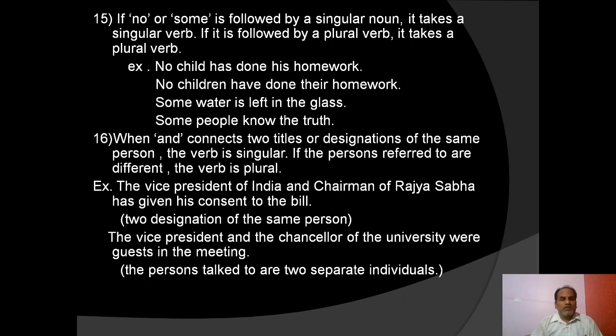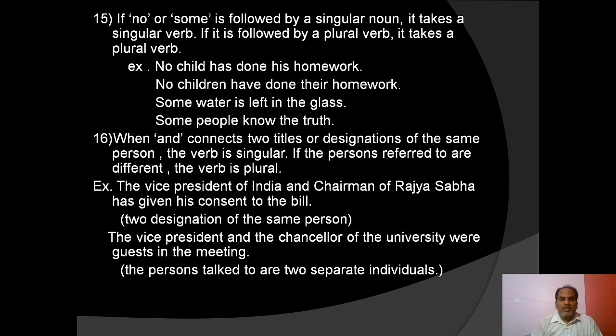Then let us discuss another important thing. When "and" connects two titles or designations of the same person, the verb is singular. If the persons refer to different people, the verb is plural. For example, the Vice President of India and Chairman of Rajya Sabha has given his consent to the bill.